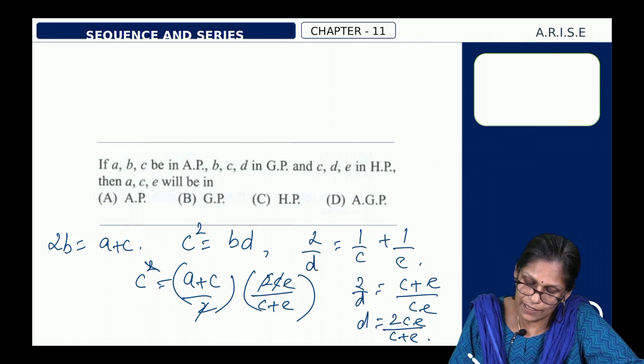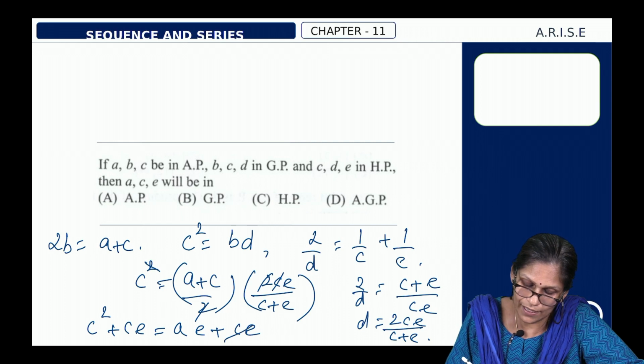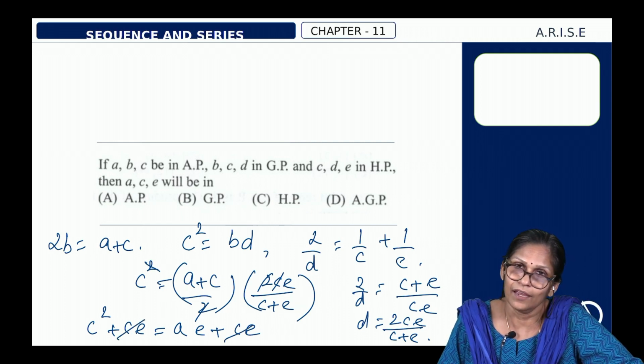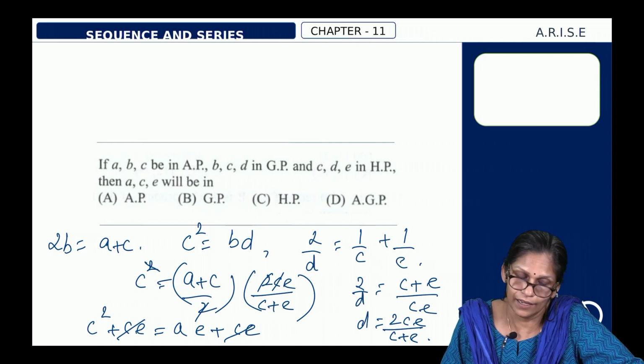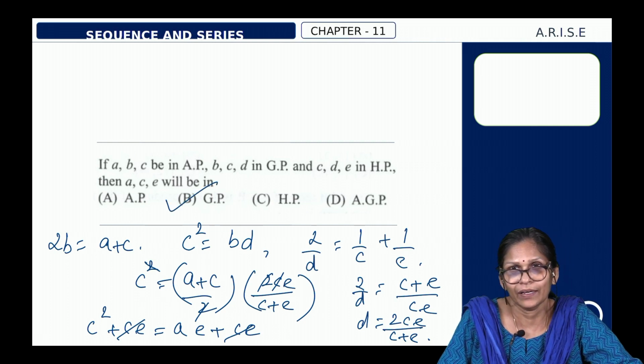So, let us cross multiply. What will you get? C squared plus CE is AE plus CE. So, what do you have? CE's will cancel to get C squared is AE. What does that make? A, C and E, aren't they in GP? So, option B is your answer.